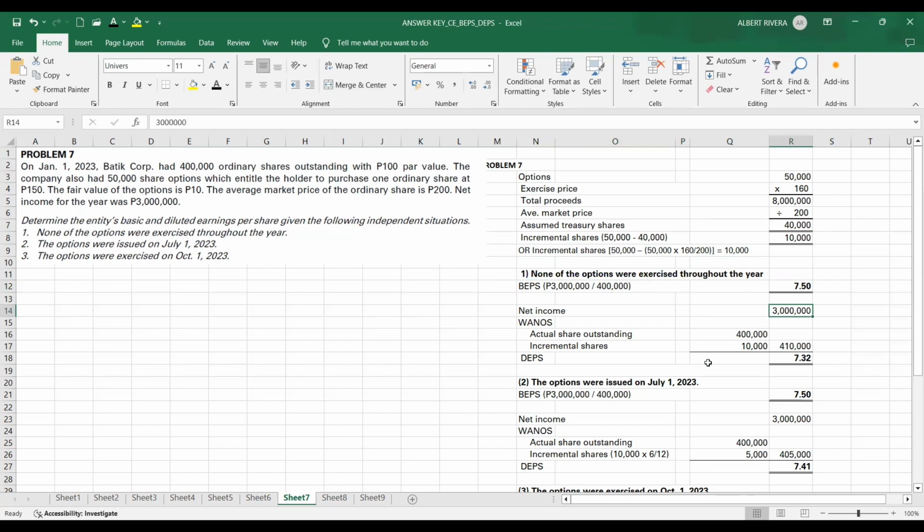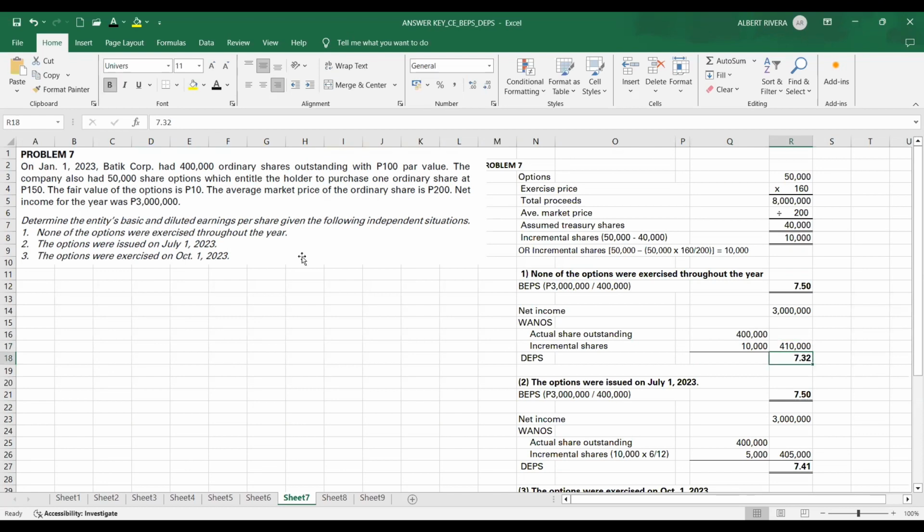Okay, ganito na yung ginagawa natin kanina. So, this is 3 million. Then, we have the 400,000. Then, assume conversion or exercise to have an incremental shares of 10. So, this is 410. So, this is 3 million. Wala namang interest expense. Di ba? Divided by 410. So, this is 7.32.